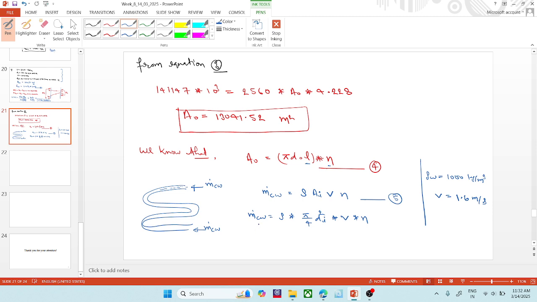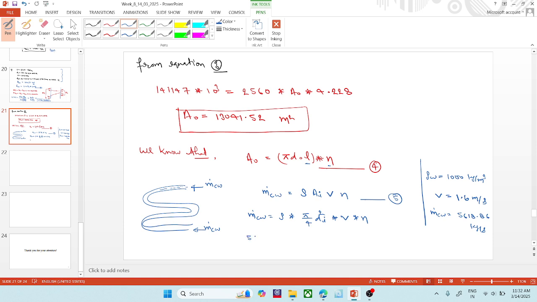The m dot cooling water we have just calculated is 5618.86 kg per second.